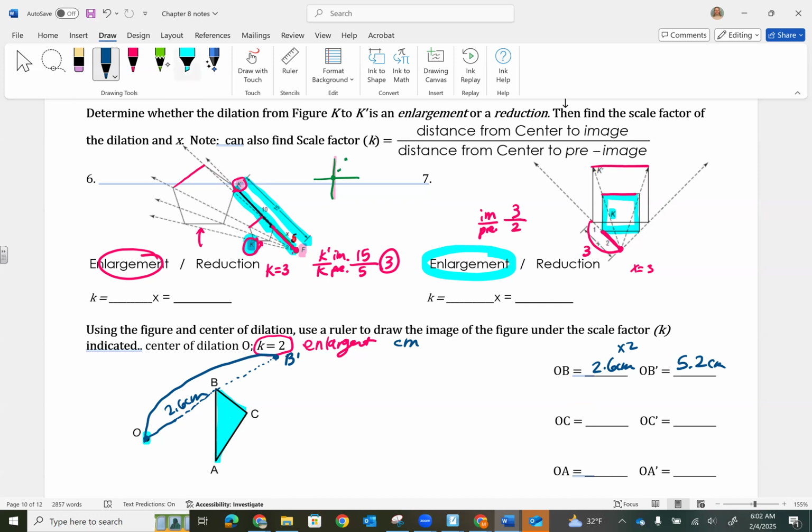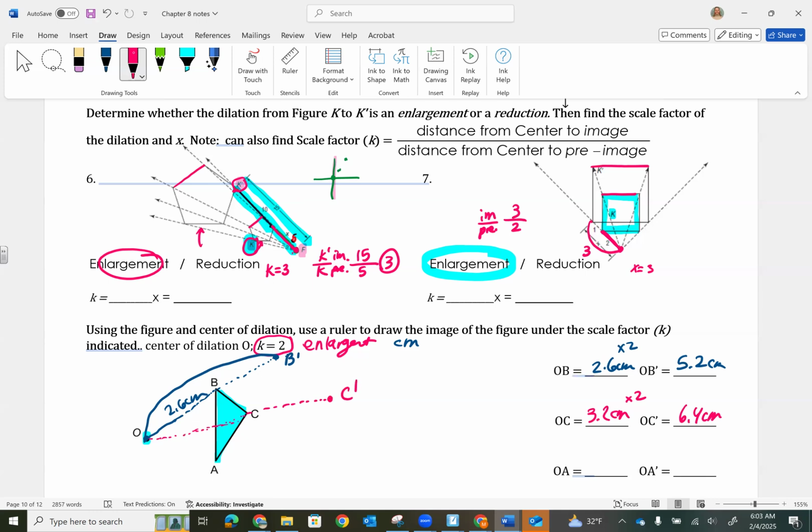And if you measure the distance from the center of dilation, from O to C, I got that to be 3.2 centimeters. Now, it's possible with the photocopier that yours is a little bit different, but use your centimeters. We're going to times it by 2, and so our distance to C prime should be twice that distance. If you double that, you're going to get 6.4 centimeters. And so this will be C prime.